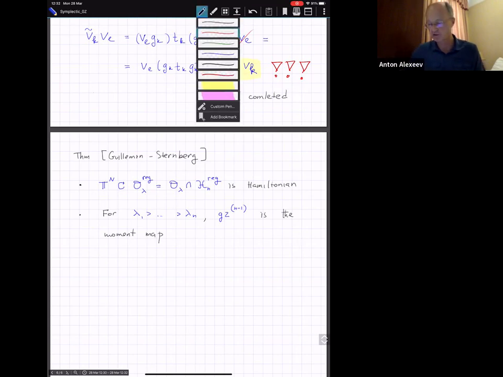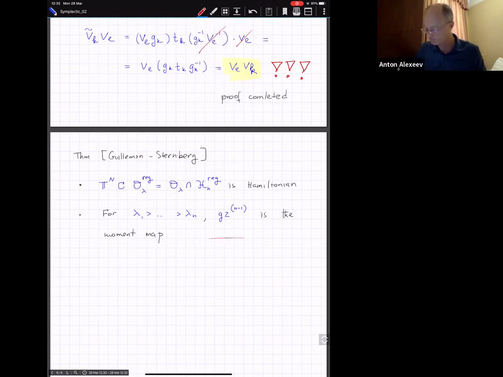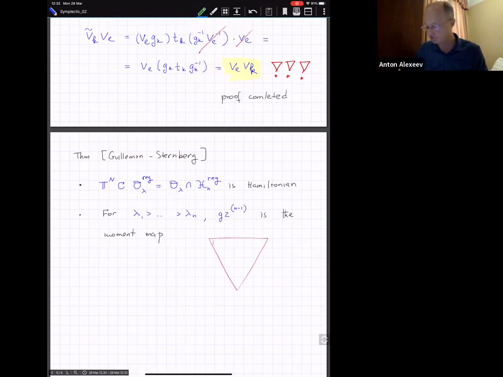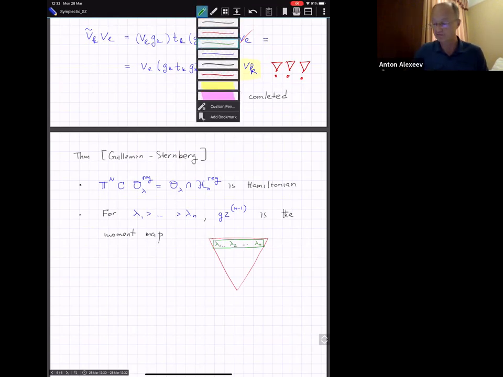So what is GZ_{n-1}? We have a triangular tableau. And in this triangular tableau, we have the first row. So in this first row stand our eigenvalues. And recall that they are not changed, so they are constants on the coadjoint orbit.